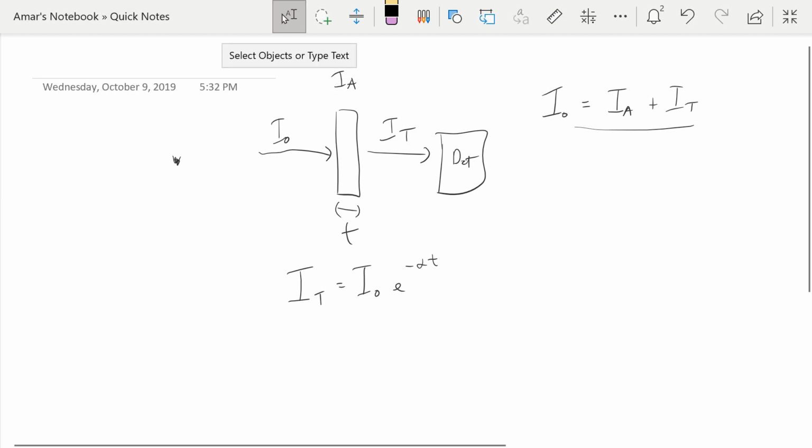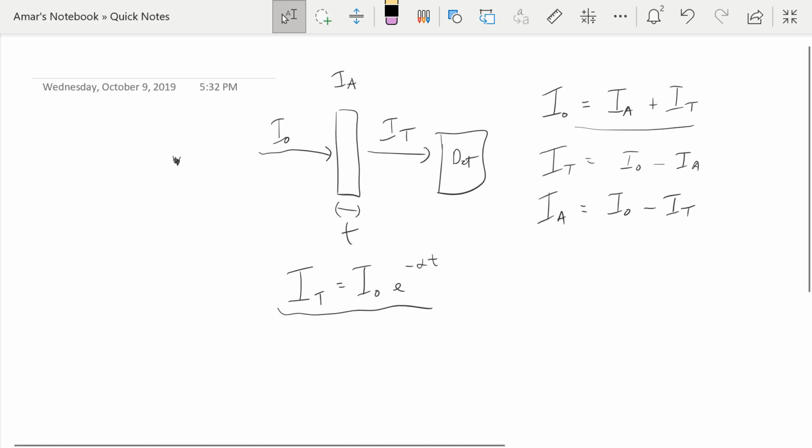So IT is equal to I0 minus IA. We're trying to solve for IA. So IA is equal to I0 minus IT. And then IT is equal to this.